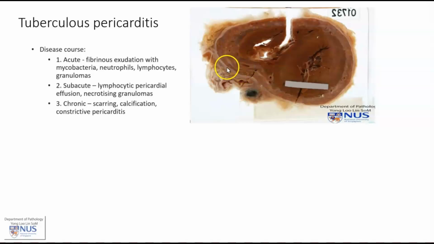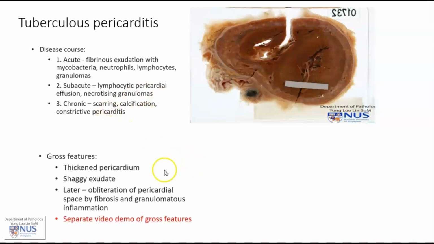And if there is a biopsy taken of the pericardium, this would generally also show necrotizing granulomatous inflammation. In the more chronic phase, as we see here and also in the microscopy slide, there is usually fibrous scarring, sometimes calcification, and still granulomatous inflammation, and this can result in constrictive pericarditis.